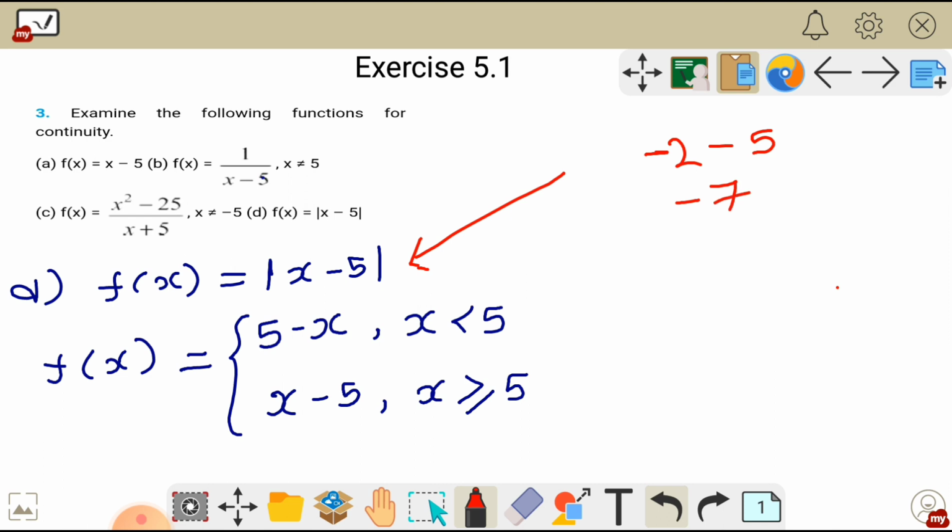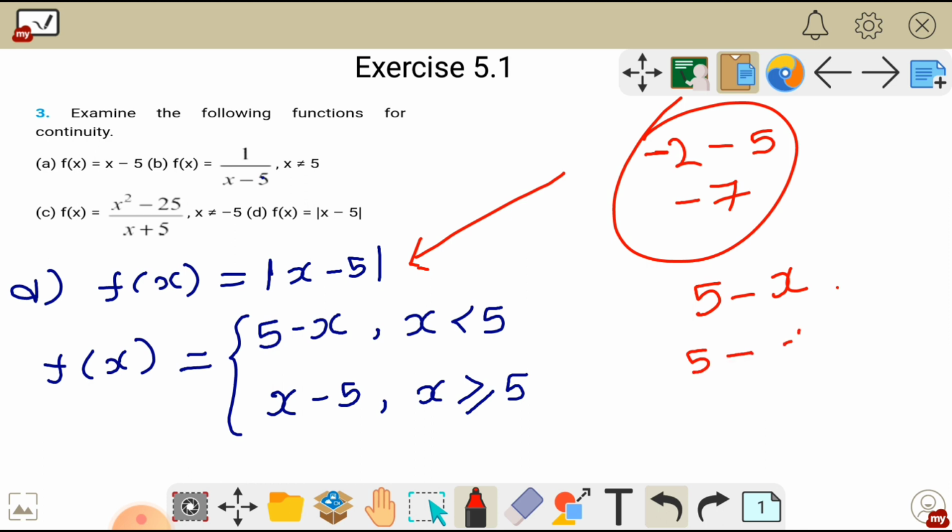That means its answer is not positive. So to keep this answer positive, instead of writing like this, we have to write 5 minus x. Now if it is negative 2, then 5 minus negative 2 gives us 5 plus 2, which is 7, right?